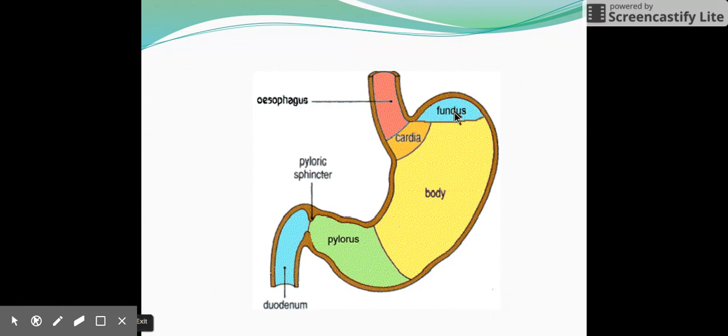Then you have the little uptick of the stomach that kind of curves up next to the esophagus, which is the fundus. Then you have the main part of the stomach, which is called the body. And then you have the last section of the stomach called the pylorus. And the pylorus ends with the pyloric sphincter. After the pyloric sphincter, we actually move into the small intestine, beginning with the duodenum.